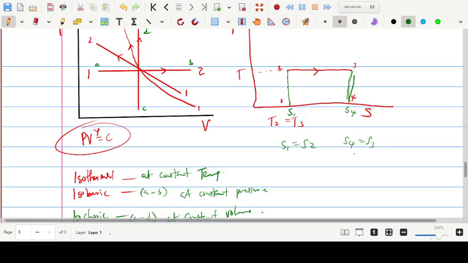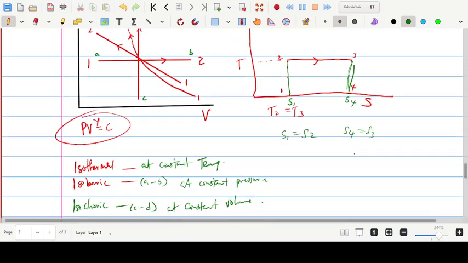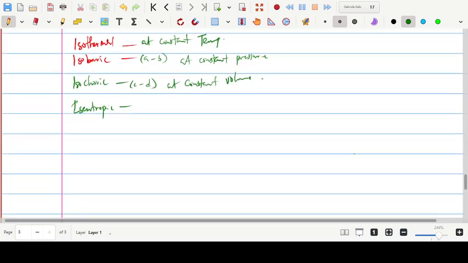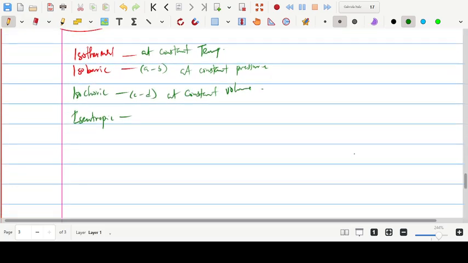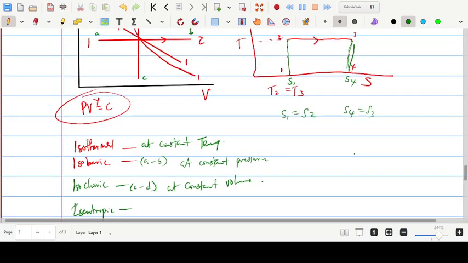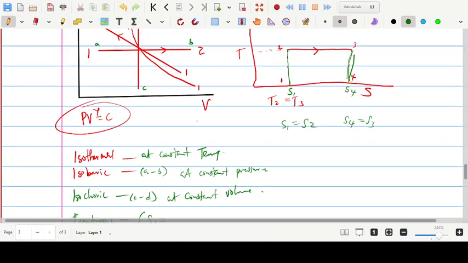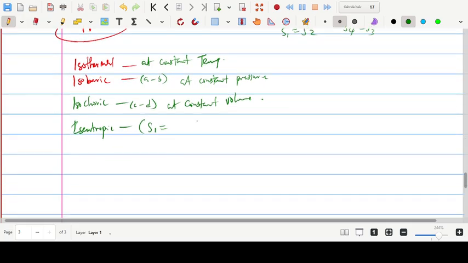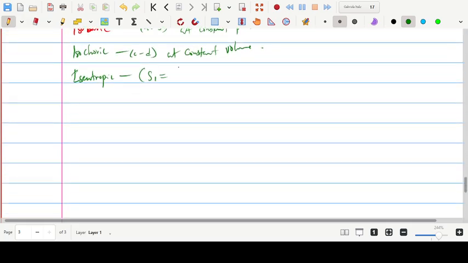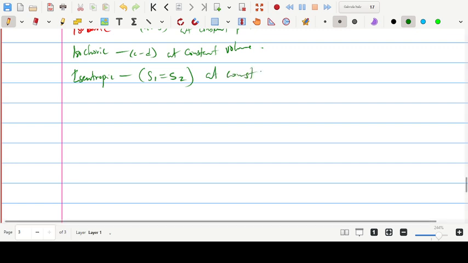This is an isentropic process. Here S1 is equal to S2, at constant entropy.